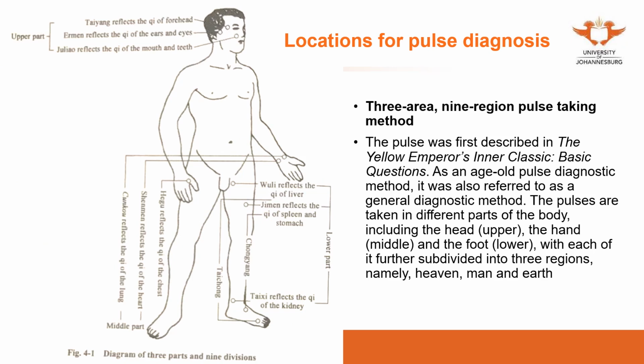And this diagnostic method became too complicated. The reason is that there are three regions, upper, middle, and lower, and in each region we have three divisions, which means we have nine divisions.